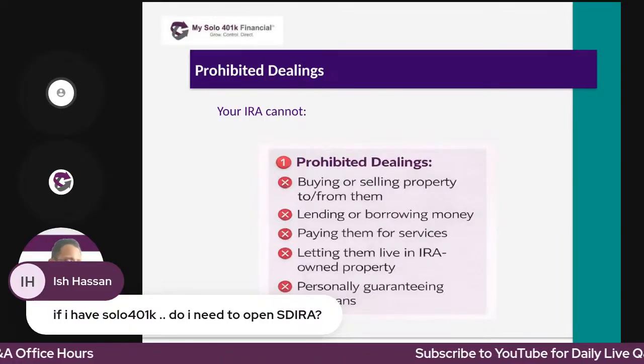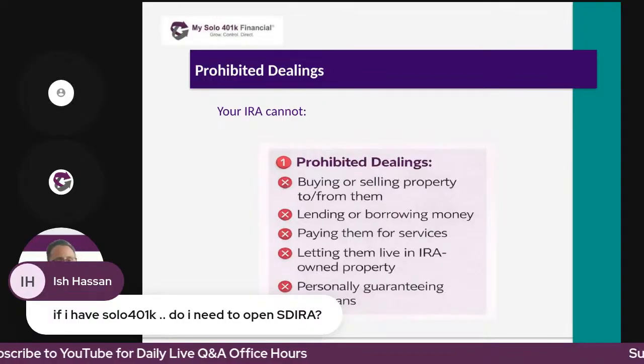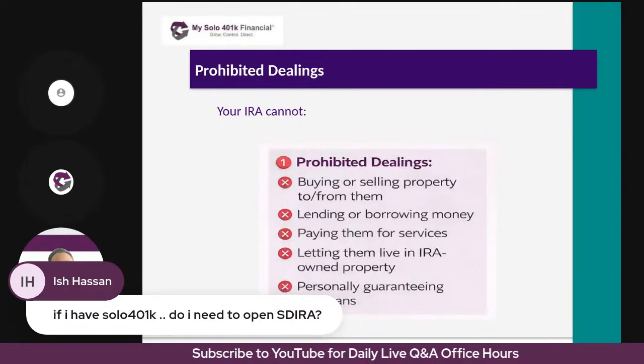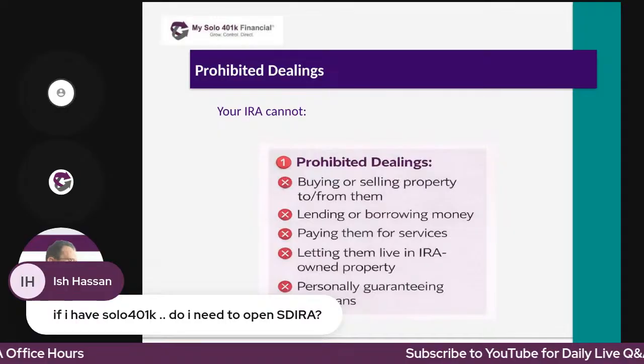Your self-directed solo 401k cannot buy property from you and vice versa. You cannot sell property from the self-directed solo 401k to you. That's prohibited. For example, you cannot sell real estate you personally own to your IRA. Your IRA cannot purchase your child's rental property.